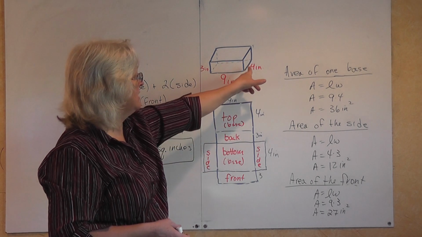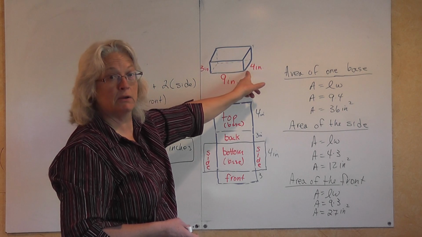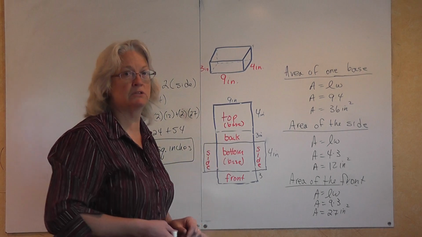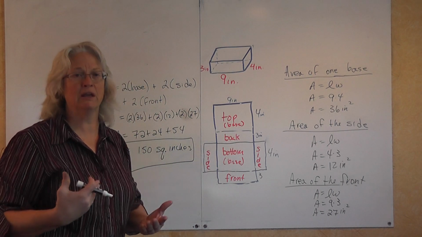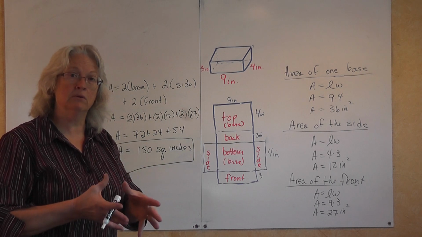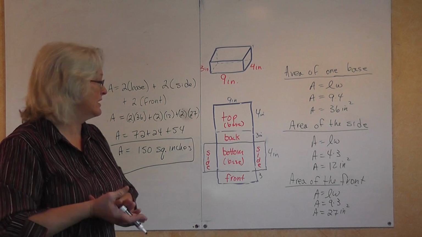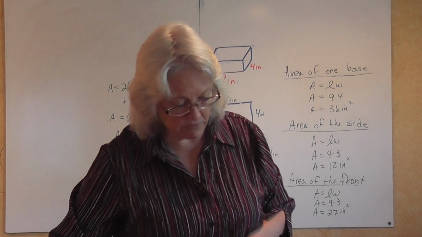And then I have this side here, which is 4 times 3, and I have 2 of those sides. You have to practice these. Like I said, some of them will come really easy to some of you. Others of you, it will be a challenge, but you can do this. You just have to be willing to invest the time in it. This is the surface area of a prism.